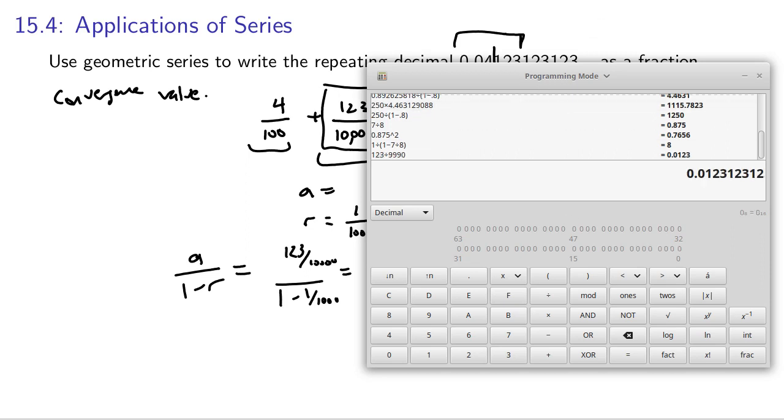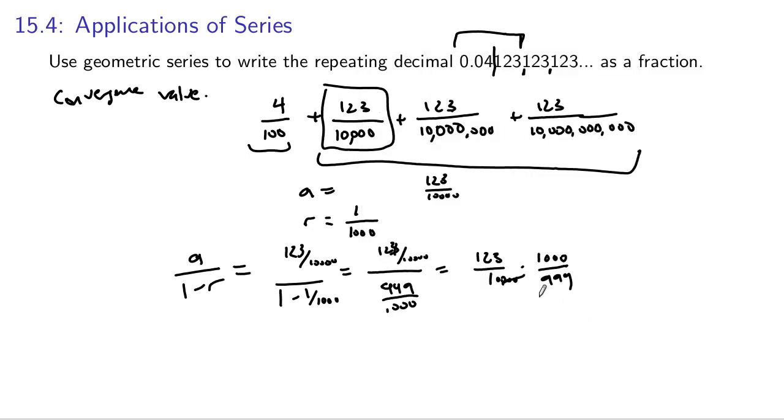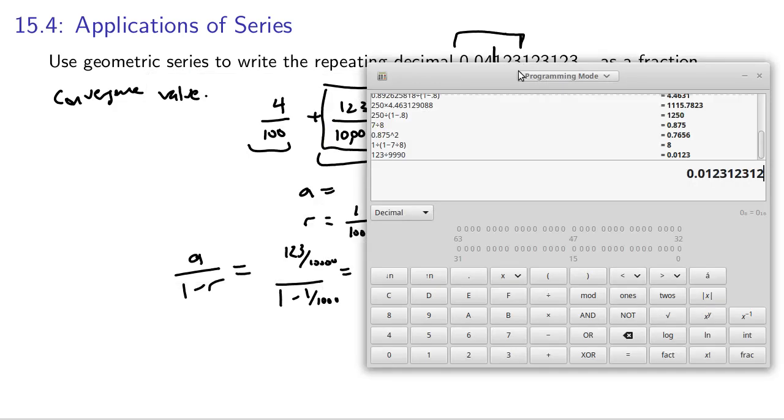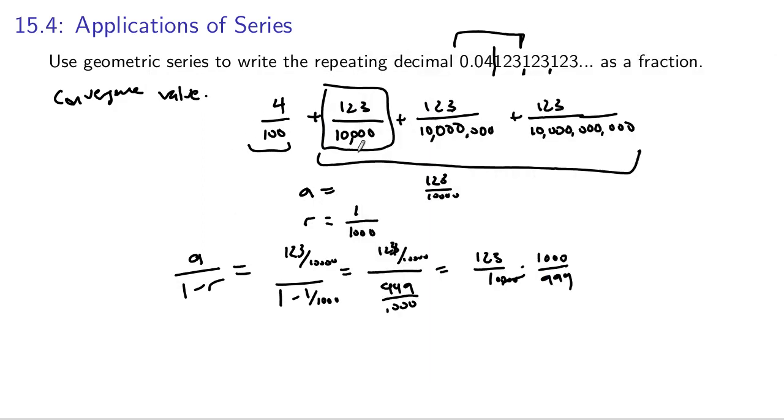We're still off by a power of 10 somewhere. So this should be 100,000 somewhere. What have we done wrong? Yeah, 0.00123. So let's just verify: 123 over 10,000 is 0.0123. So that's what I've done wrong from the very beginning, because I got this tens digit wrong. It should be 100,000.